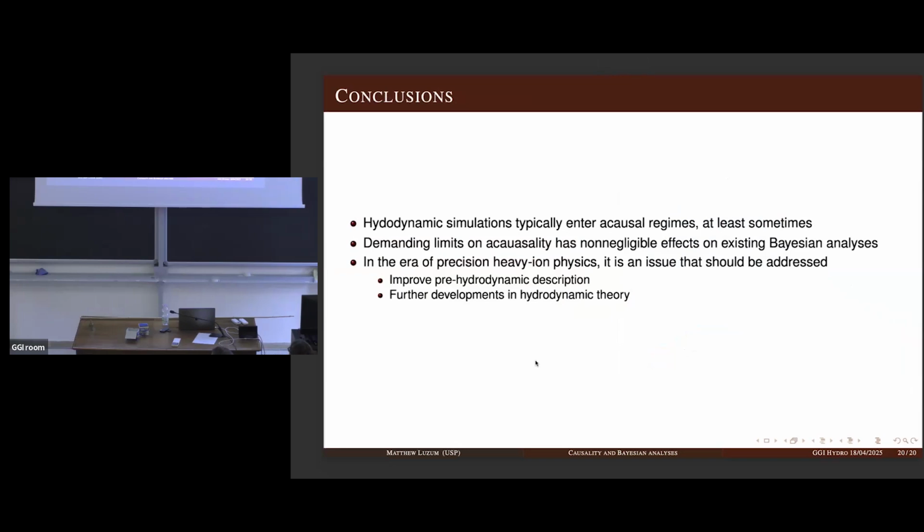It's not a complete disaster, but it does have non-negligible effects, especially when we're doing precision analyses where we're trying to get precise values for parameters. It's something that's important, so we should be worrying about it and improving our models. So, thank you.